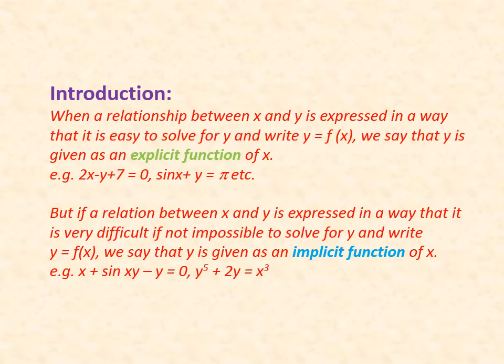Now from here we are not going to find the value of y very easily, or sometimes it may be impossible. For example, y power 5 plus 2y equals x cube. Now it is very difficult to find the value of y. Such functions, where finding the value of y in terms of x is very difficult or maybe impossible, are called implicit functions. If you can express y as f(x), it is explicit. If it is very difficult to write y as f(x), it is implicit.